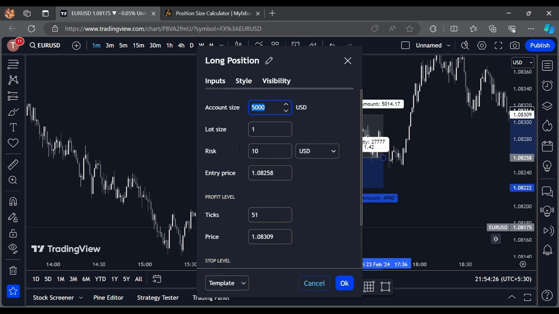But what we can do right here is, I have already put my account size. I've put the lot size, which is 1 right here, by default. And the risk, I don't usually put the risk into percentage, but even if we put it, it's 0.2%. So for me, in USD, that is $10.